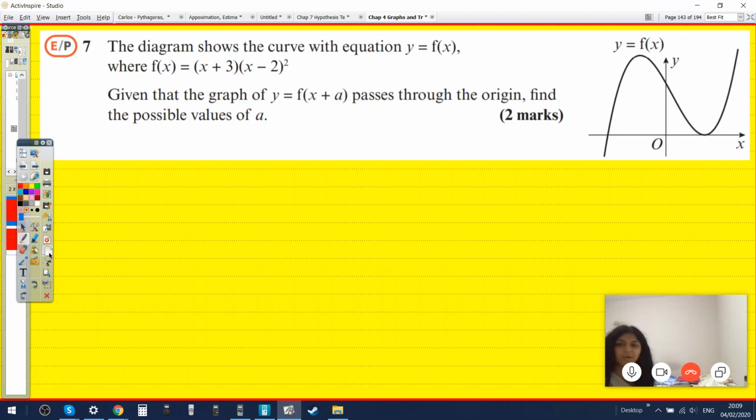Yep. It says values. What's that about? Yep. How else could you get this graph to go through the origin?